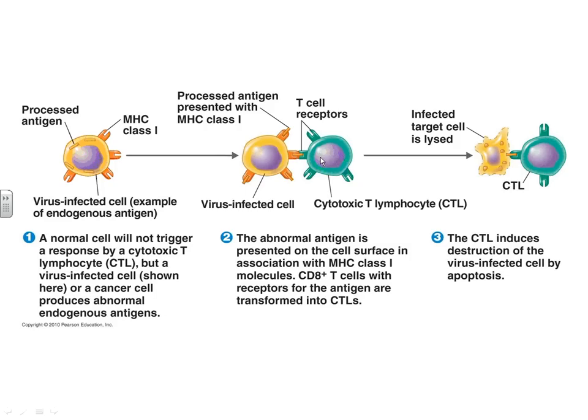The cytotoxic T cell will start sending out little perforins, little chemicals that make the infected cell just shrivel up and die. The cytotoxic T cell can cause this cell death in an entire bacteria, in one of your cells that's infected with a virus, in a protozoan cell, lots of different types of cells.